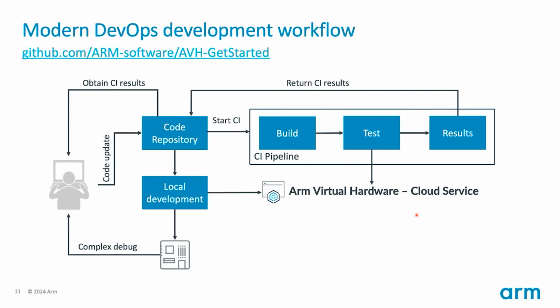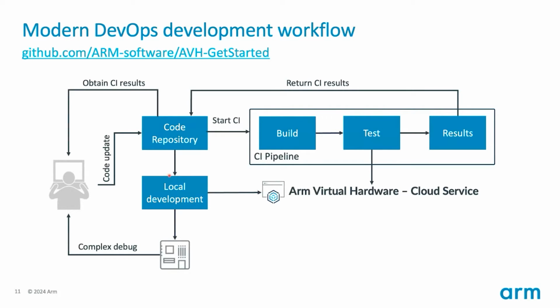So we have it available as a cloud service. We have them also available as part of Keil MDK, as executables that you can run locally on your machine. That's why we have this local development bubble here as well that can also access ARM virtual hardware. And what ARM virtual hardware is, I will tell you in the next slide.